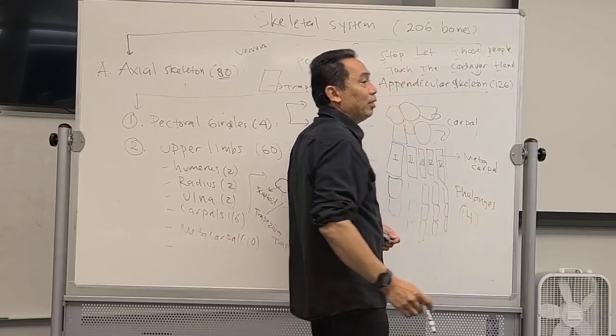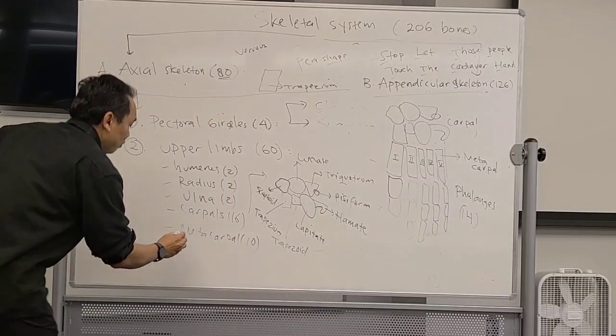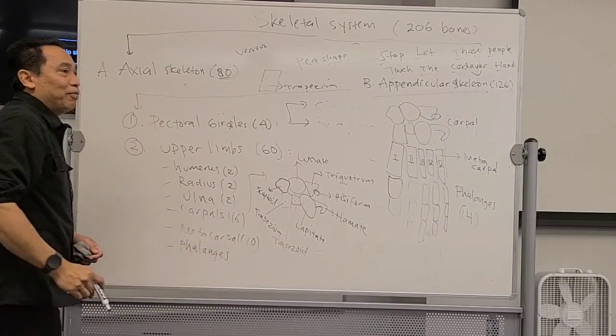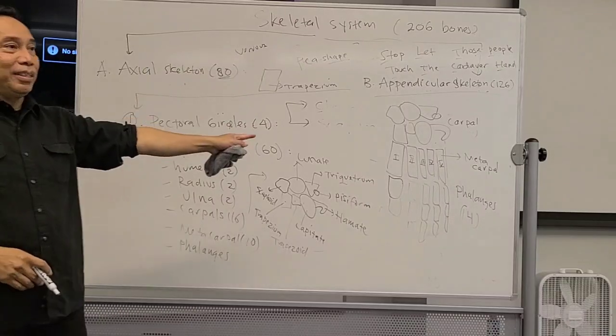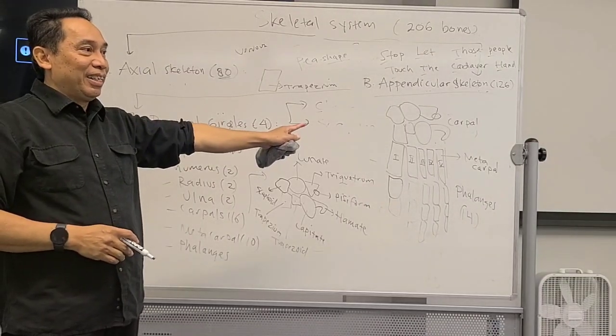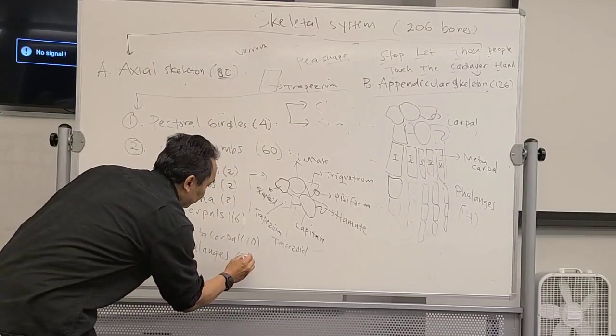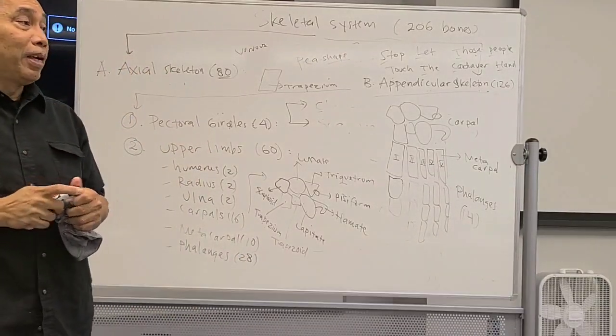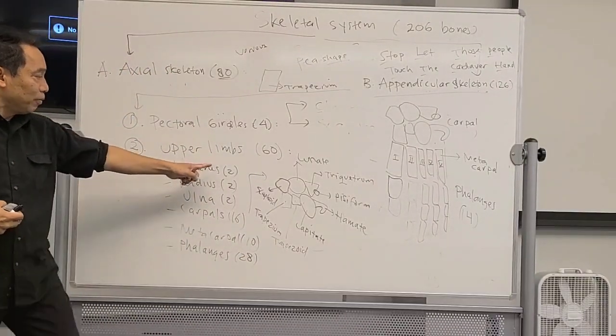Phalanges. How many? 14. Okay, so phalanges. 14 on one side, on one hand. 28. Okay. Total 28 phalanges.